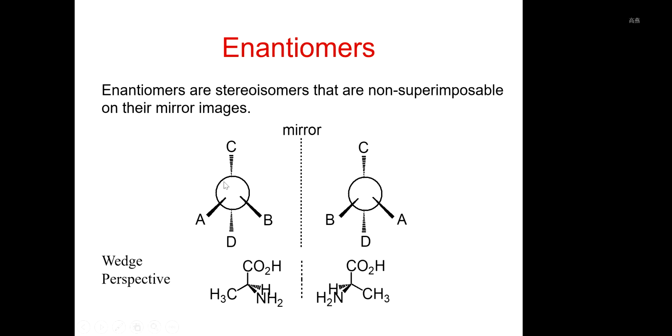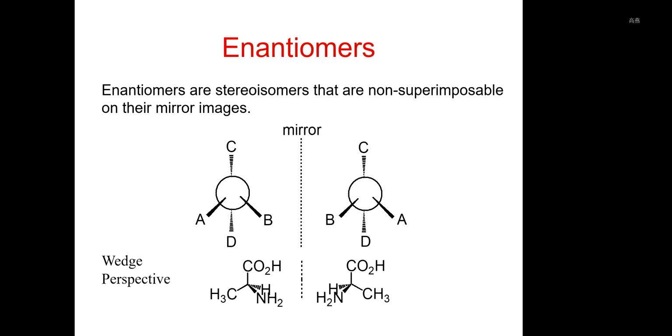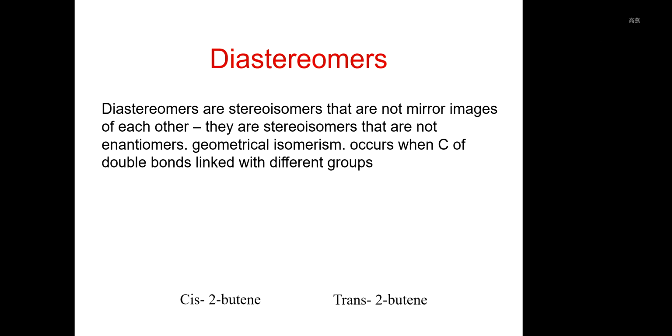This is the molecular model, and this is a wedge perspective. The dash bonds are away from us, and the solid bonds are toward us. So this is an enantiomer.